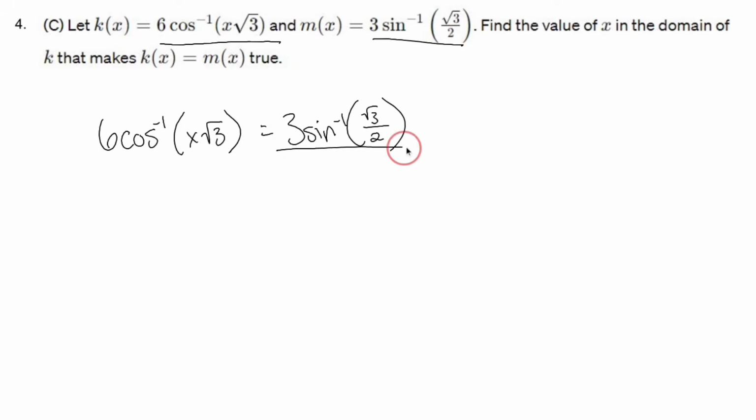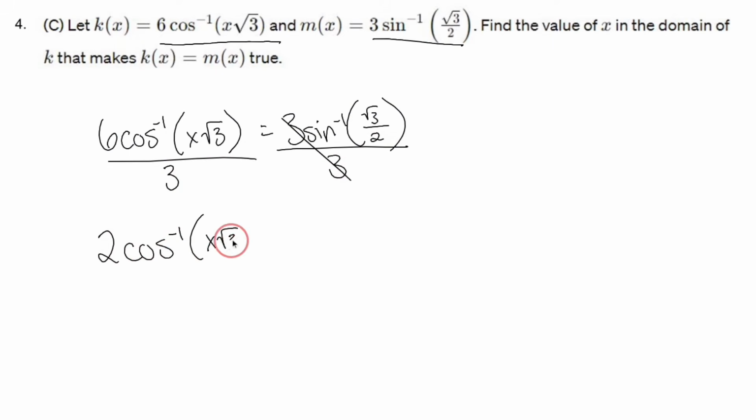I could divide everything by 3 if I wanted to. Might be helpful. I don't know. Maybe, maybe not. So that gives me 2 times the inverse cosine of x root 3 equals the inverse sine of root 3 over 2.